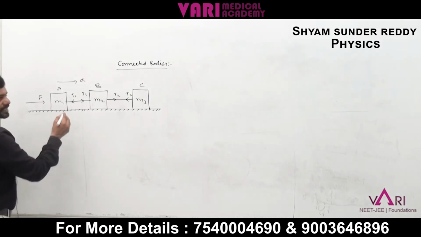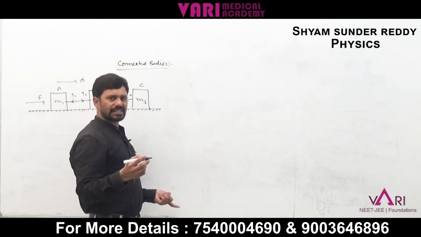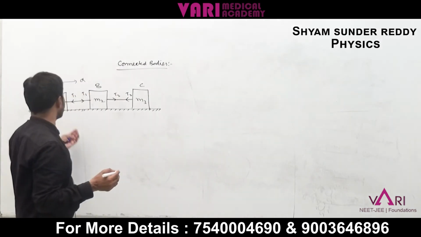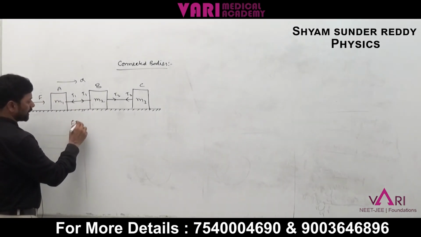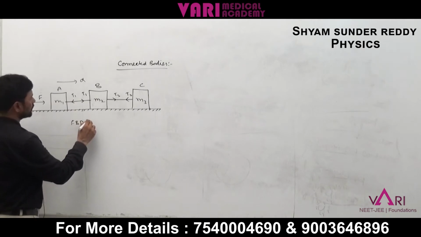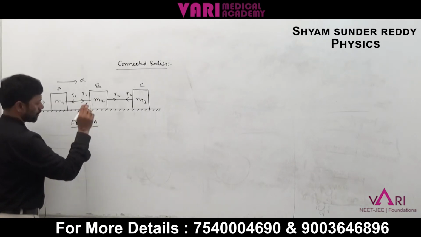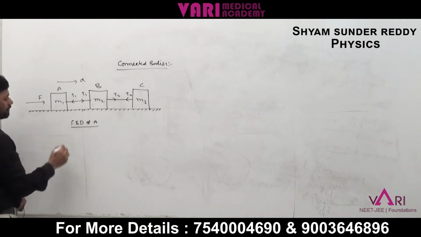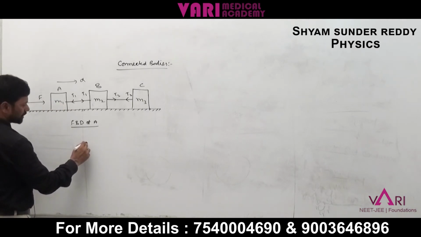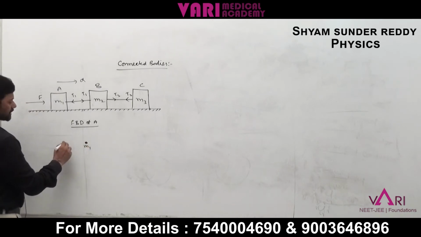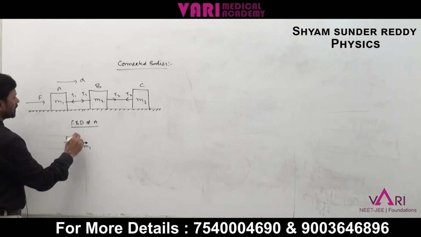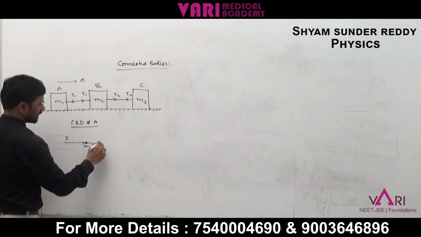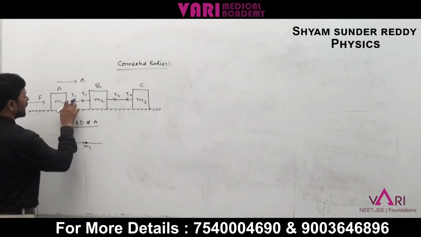For this we need to find the FBD of M1. FBD, free body diagram, FBD of A. Here M1 is taken as a point mass. On this, a force is working in this direction and tension is there, like this.